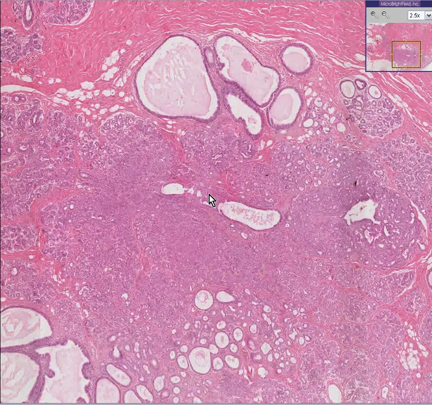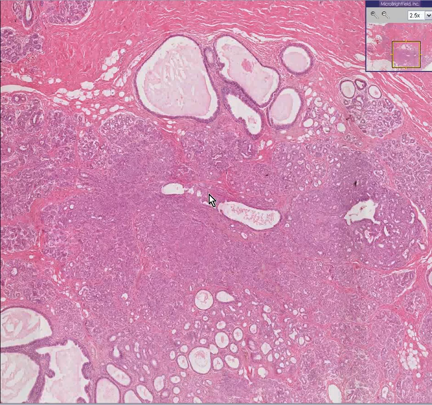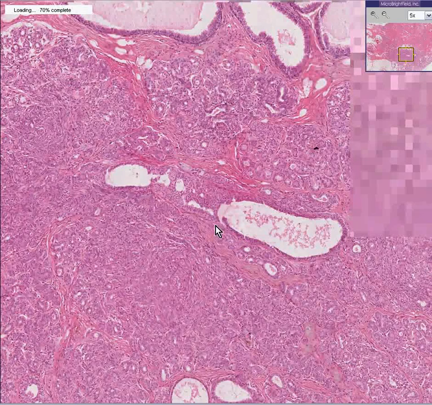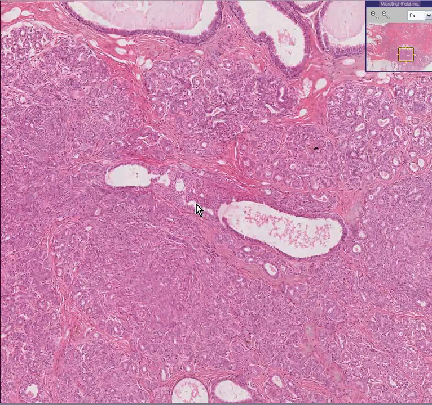And as you know, if ductal hyperplasia, or hyperplasia within a duct like you see here, becomes atypical, it can give rise to ductal carcinoma in situ, which can then infiltrate to be infiltrating ductal carcinoma.